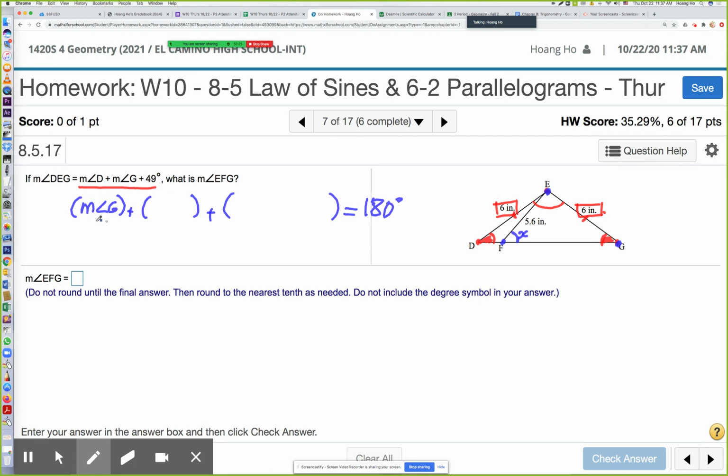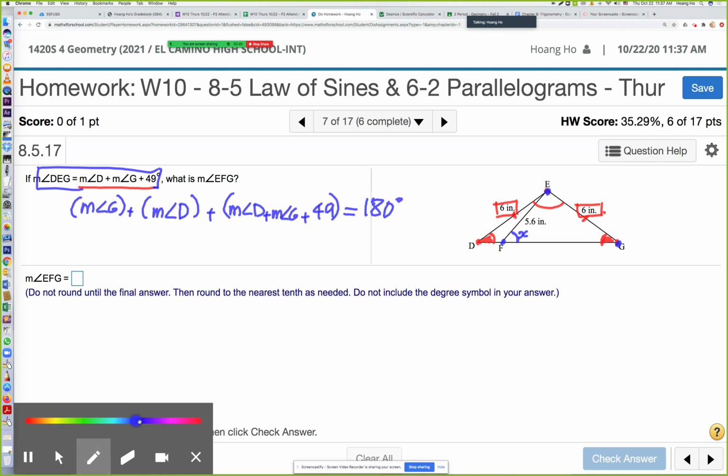So angle G added with angle D, and then the big angle DEG, which they give you right here. I substitute that in: the measure of angle D plus the measure of angle G added with 49 degrees. Do you see that?